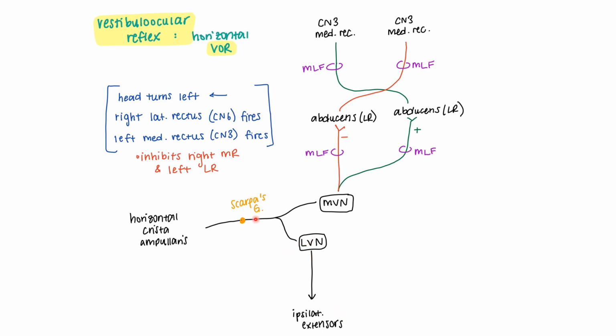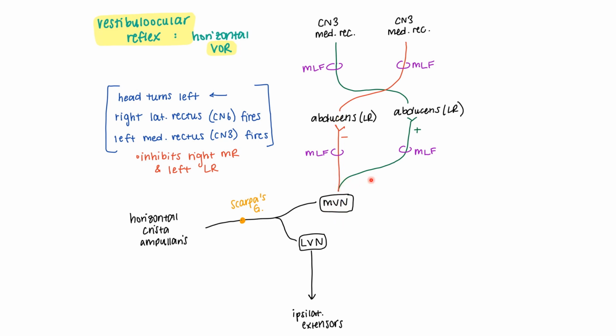At the same time, for your vestibulo-ocular reflex, that same left turn spin is going to activate your left vestibular apparatus, then your left medial vestibular nucleus, and that's going to send out fibers via the medial longitudinal fasciculus. Ipsilaterally, it's going to inhibit your abducens.